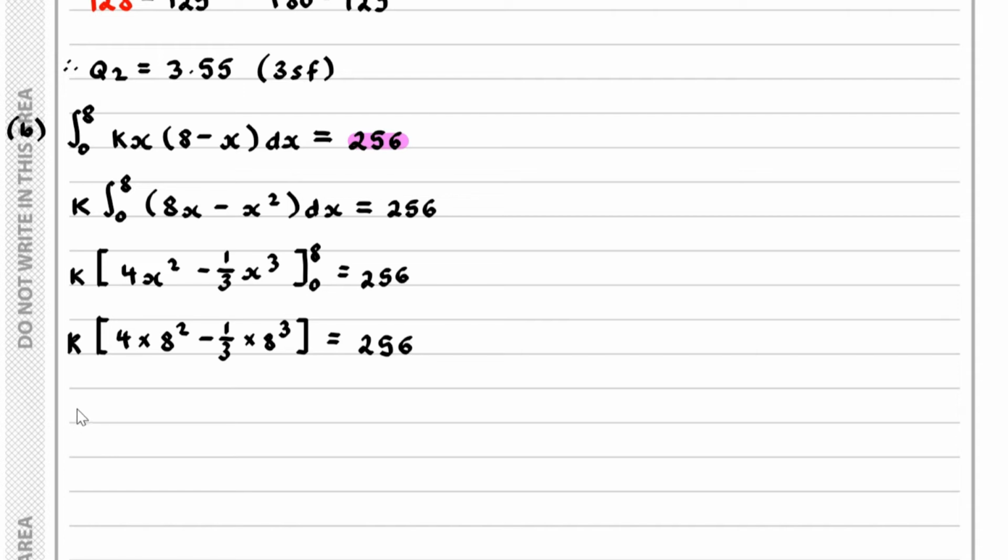So we end up with 256k over 3 equals 256, which means k is equal to 3.